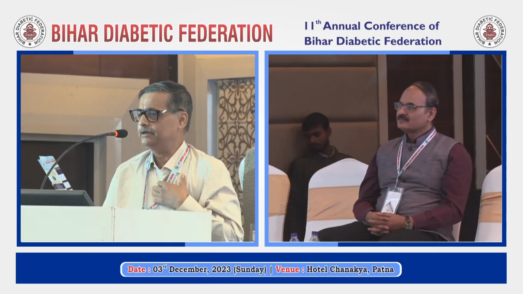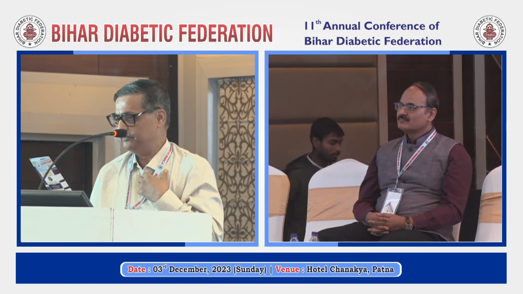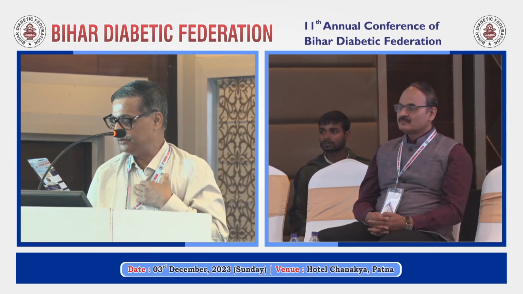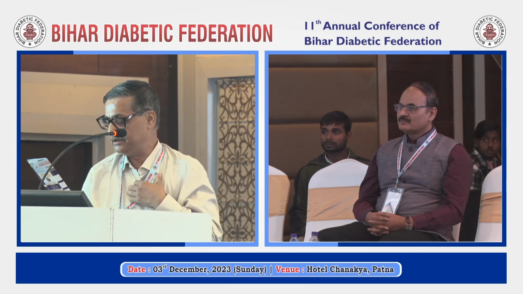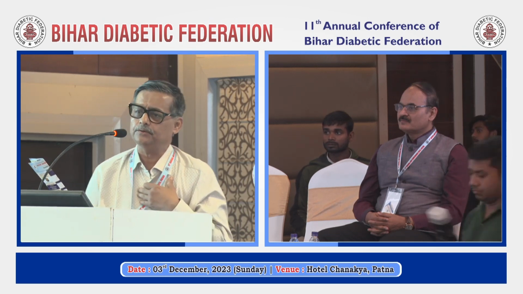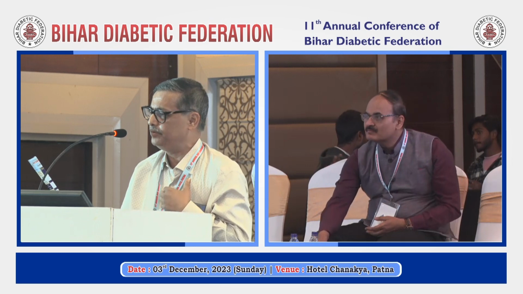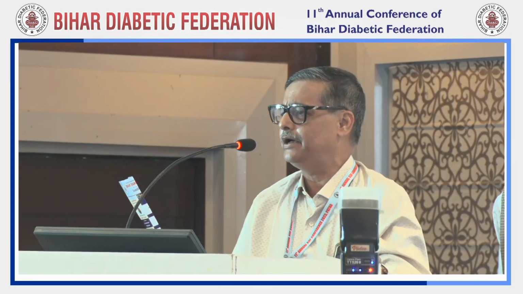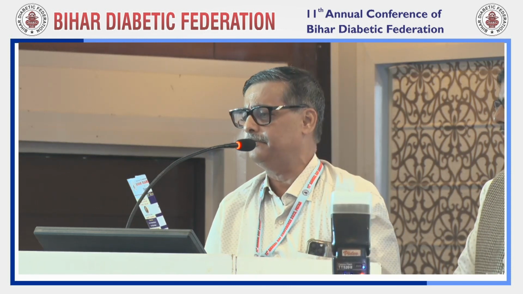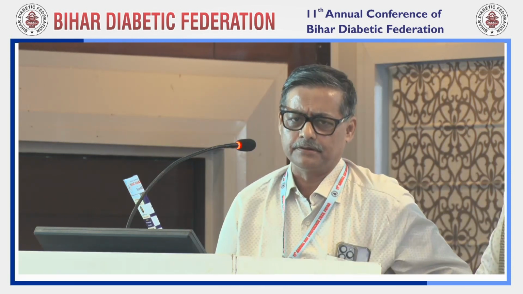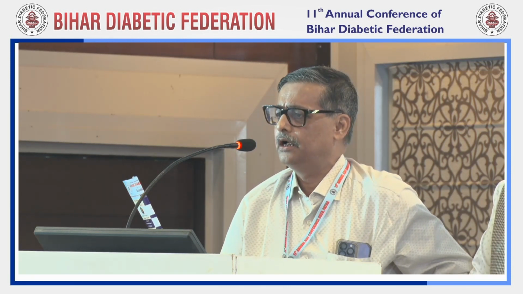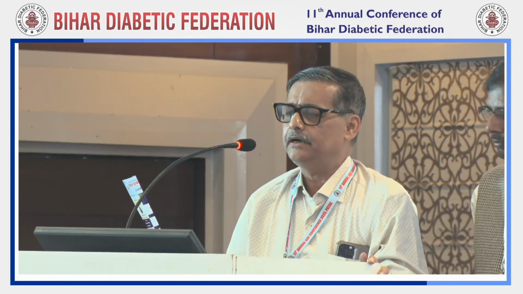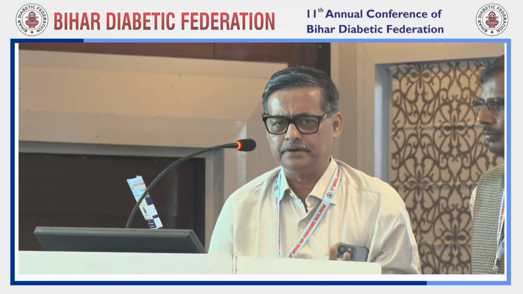The topic itself is very interesting because the title is Optimizing Cardiorenal Metabolic Care with Initial Combination with SGLT2 Inhibitor and DPP4 Inhibitor. We all know that nobody dies of diabetes per se, but they die because of complications of diabetes. And till date, my knowledge says that there are only two classes of drugs.